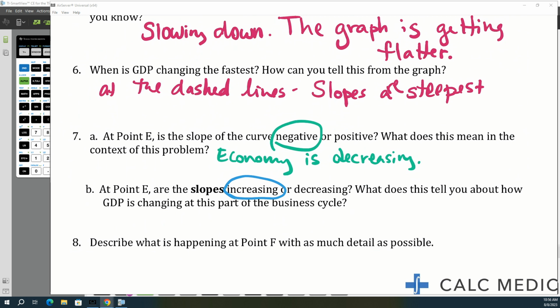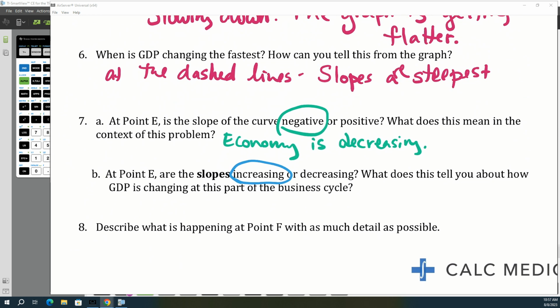And then what do you think that means about the economy? It's starting to turn around. Still decreasing, but not as quickly as it was before.